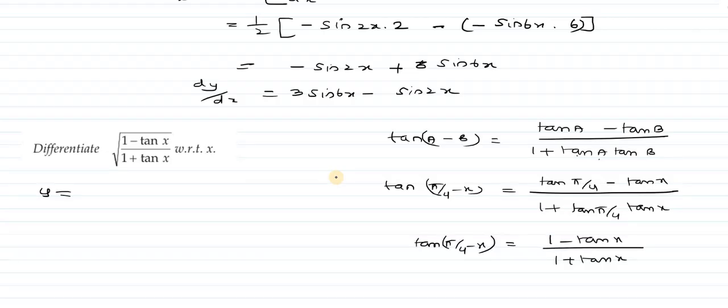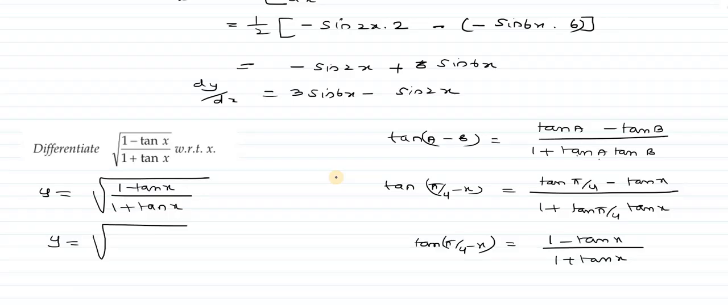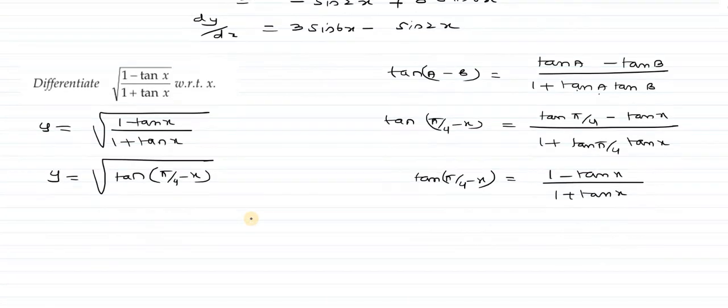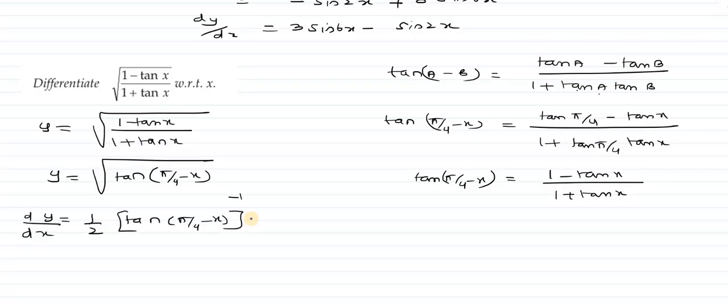So what can you do? y equal to under root of 1 minus tan x by 1 plus tan x, so y will be equal to under root of tan of pi by 4 minus x. Correct or no? Power rule: dy by dx is 1 by 2, because it is tan to the power half, so tan of pi by 4 minus x to the power minus half.